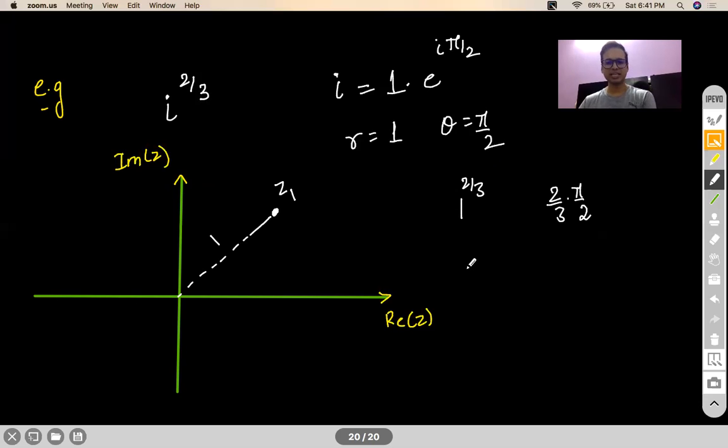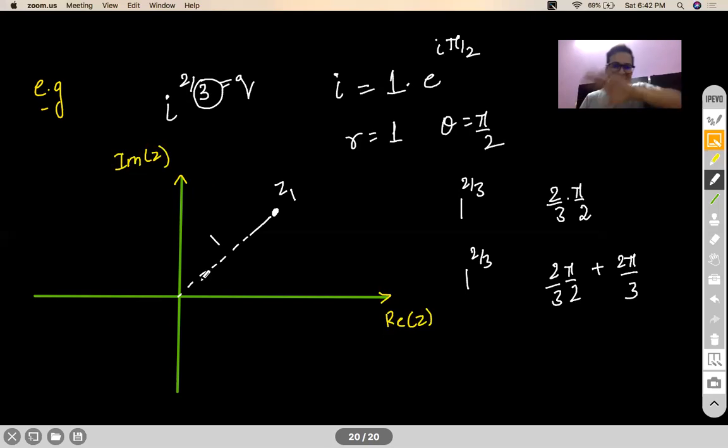Second will be located at the same distance, but the angle will be the previous answer, that is 2/3 of pi by 2, incremented by 2 pi by q. q is 3 over here, my dear. Please be aware. This is your q. So this pi by 3, I will increase by 120 degrees. Now this is already at 60 degrees. So if I go 120 degrees, I'll reach over here. So again, this will be located at a distance of 1 from here. So this will be your Z2.